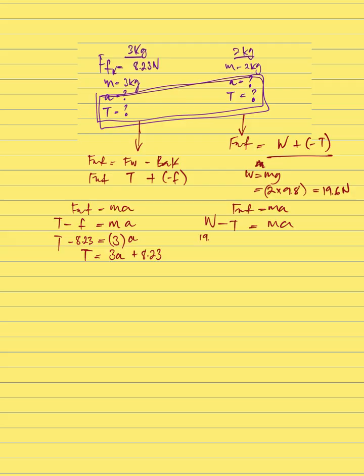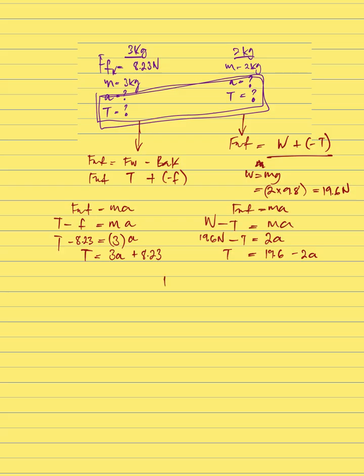So I'm going to say 19.6 newtons minus tension is equal to 2 times A. So now I've got tension for this one is equal to 19.6 minus 2A. I just multiplied everything by -1 to get that type of value.